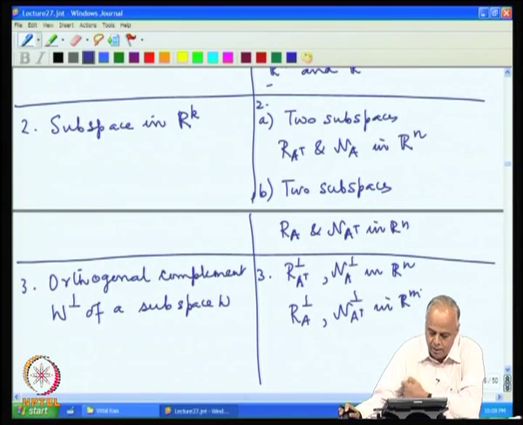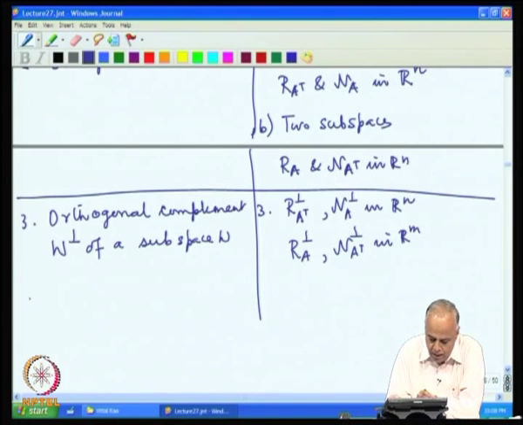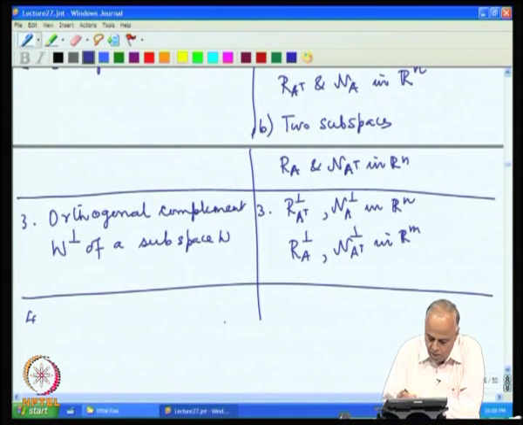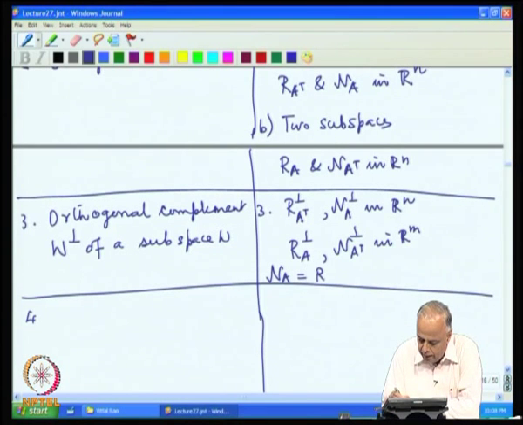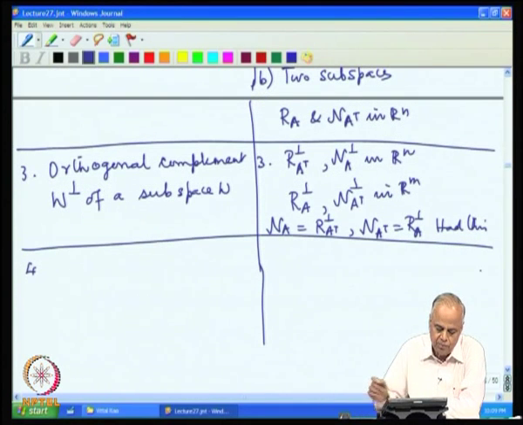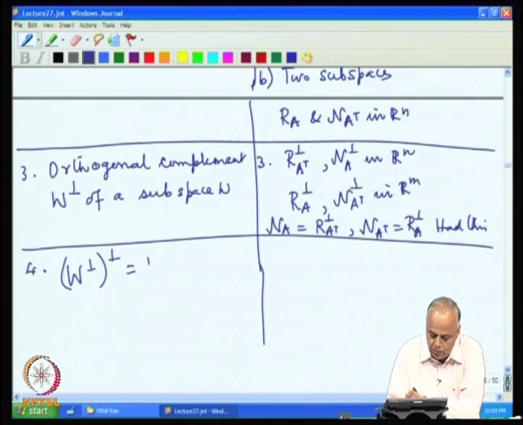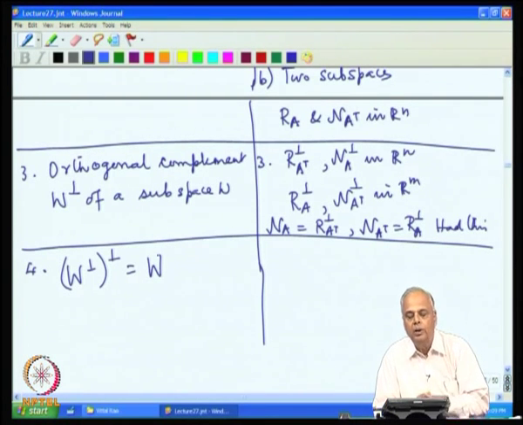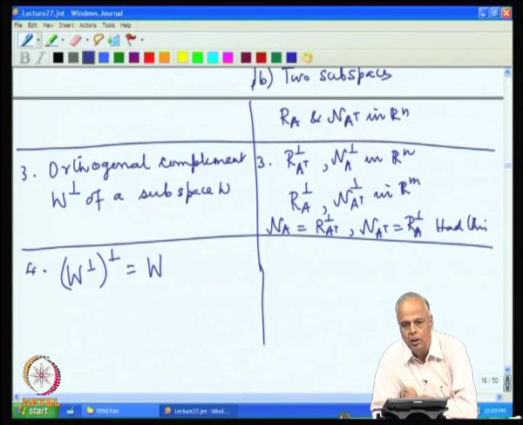When we did that, we observed that N(A) was R(A transpose) perp and N(A transpose) was R(A) perp. We had this. Then we found that the perp of a perp is the original space. The orthogonal complement of the orthogonal complement is the original subspace W.